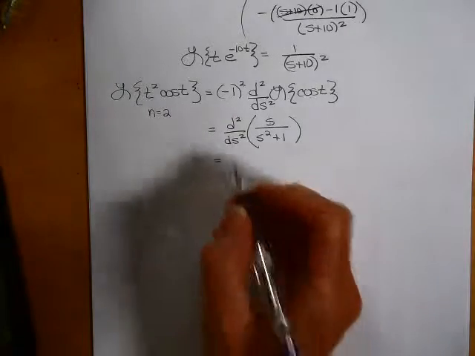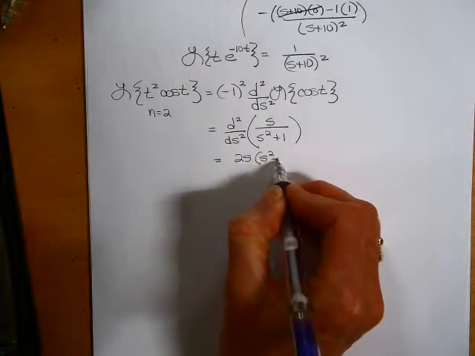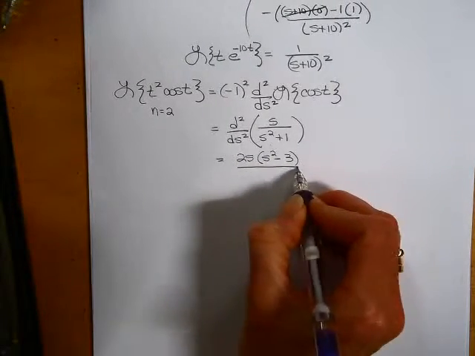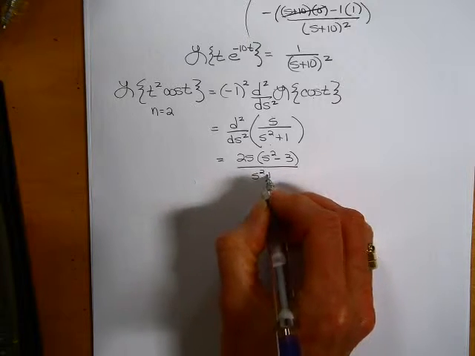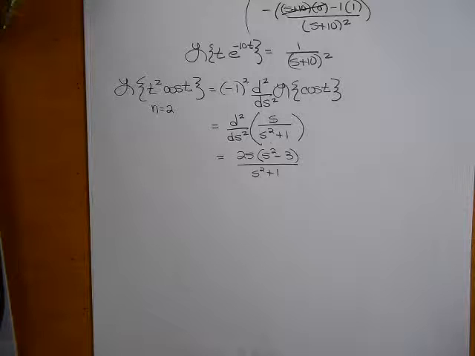All right, and I got it to be 2s times (s squared minus 3), all divided by (s squared plus 1) cubed. And that is your Laplace transform.